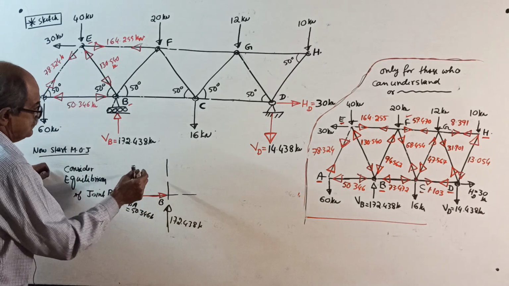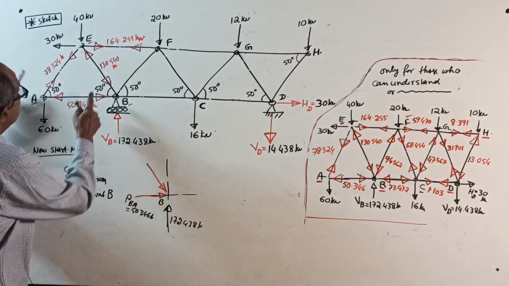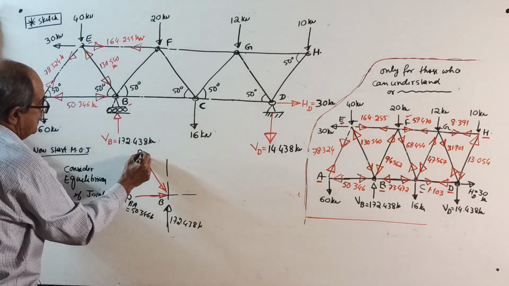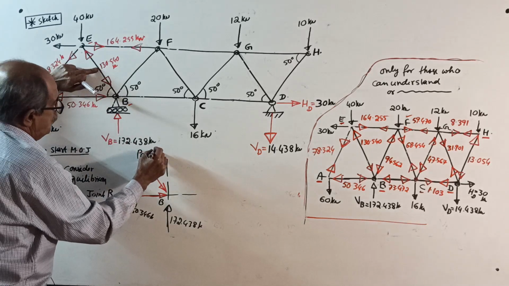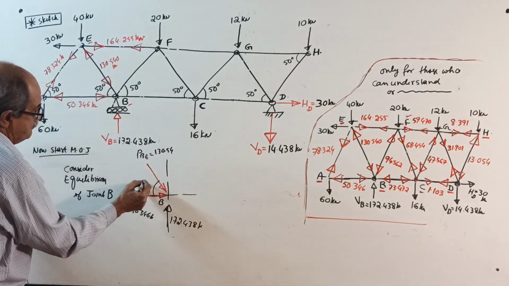One more member force comes this way, but actually it is known for you, PBE at B. PBE equal to 130.54. Angle is 50 degrees.